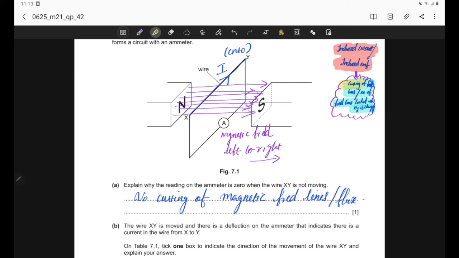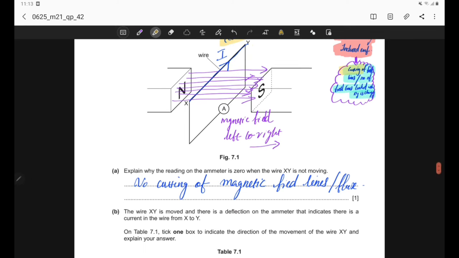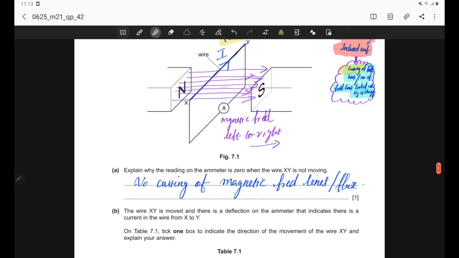So now we have two directions which are already given in the question. One is the flow of induced current, that is into the page, and the second one is the magnetic field direction, that is from left to right. We can understand that from looking at the poles of this permanent magnet.